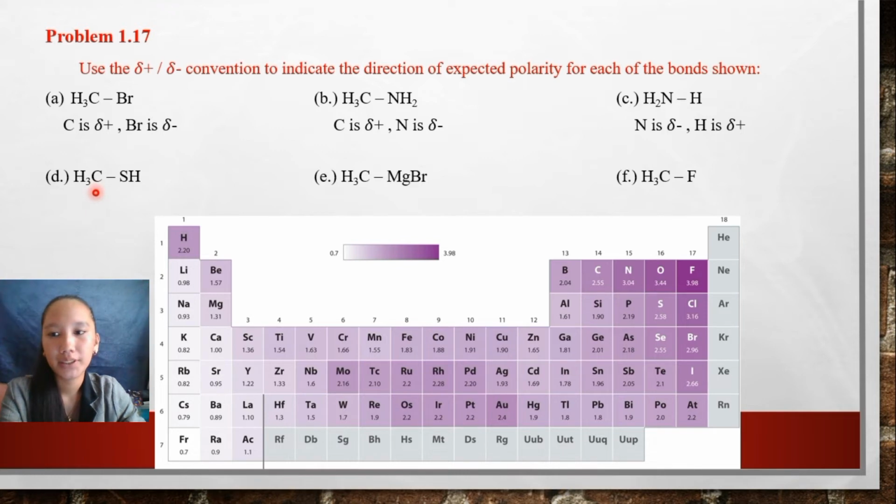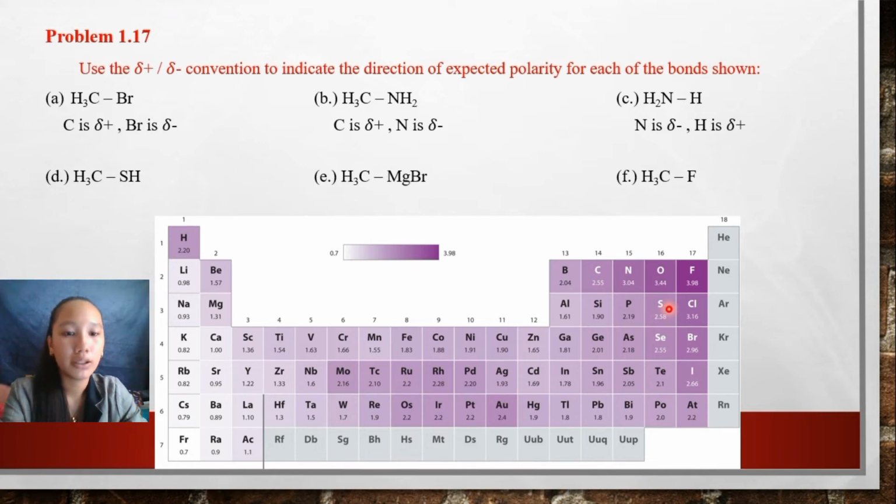Letter D, C and S. C has an electronegativity value of 2.55 and S has a value of 2.58.